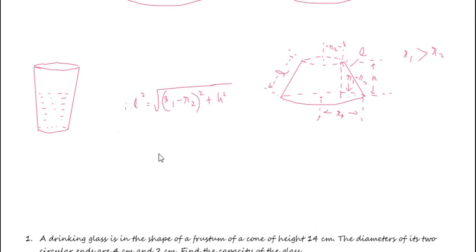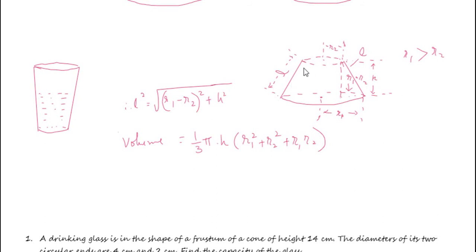Now the volume of this frustum is 1 by 3 pi into h into (R1 square plus R2 square plus R1 into R2). This is the volume.